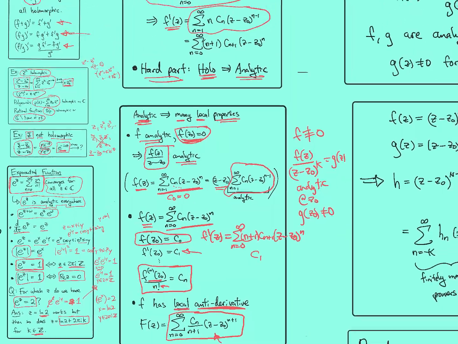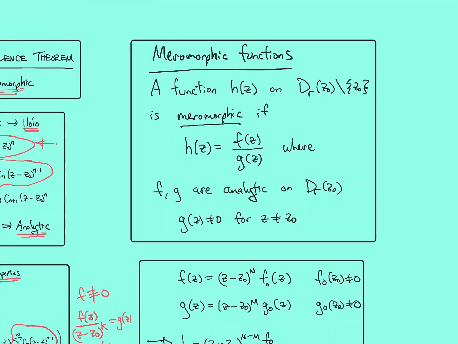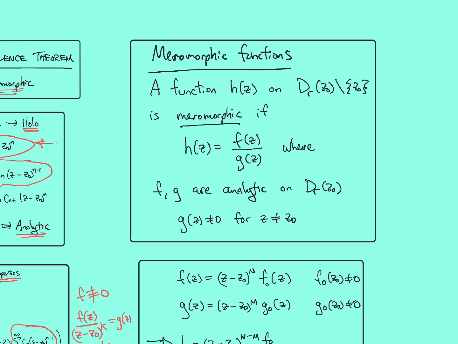Now we need to talk about a slight generalization of analytic functions that will come up all the time for us, and these are called meromorphic functions. And the quickest way to define meromorphic functions is to define them kind of as quotients of analytic functions.